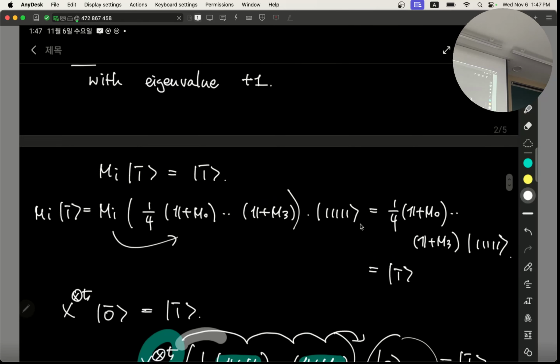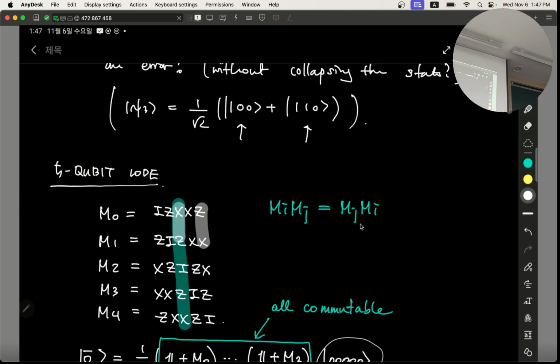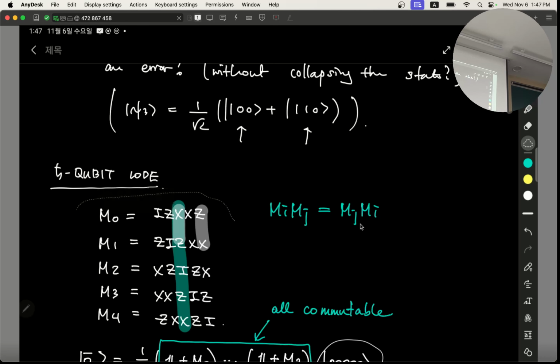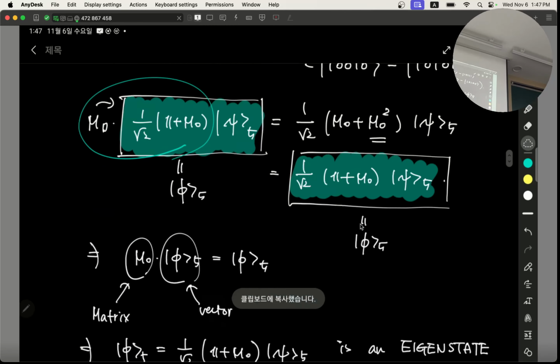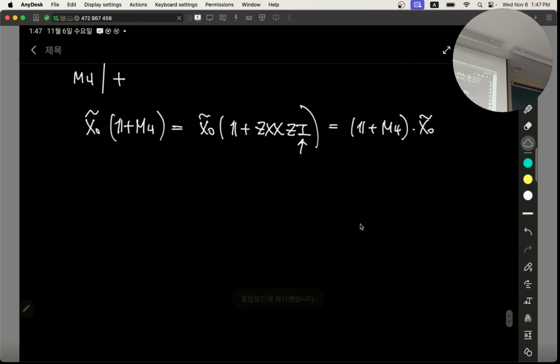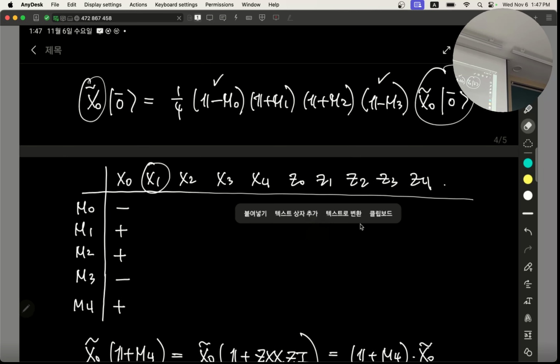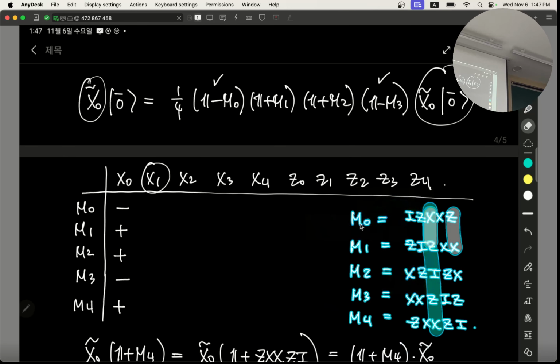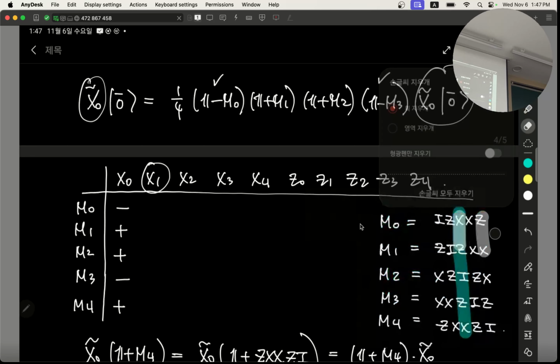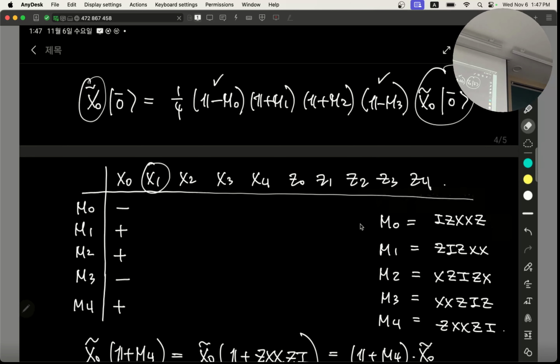I'm going to copy and paste the definition here again so that we don't get confused. Here is our table. According to this table, let's figure out which part is plus and which part is minus.